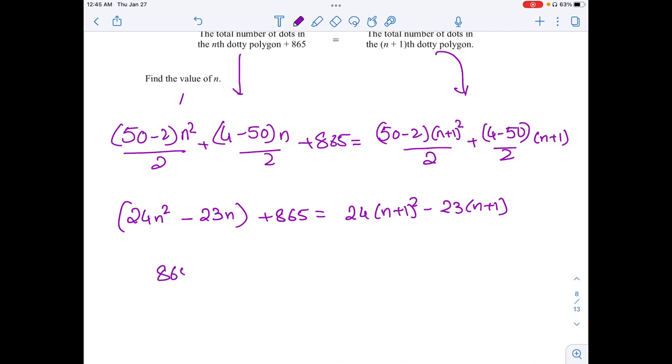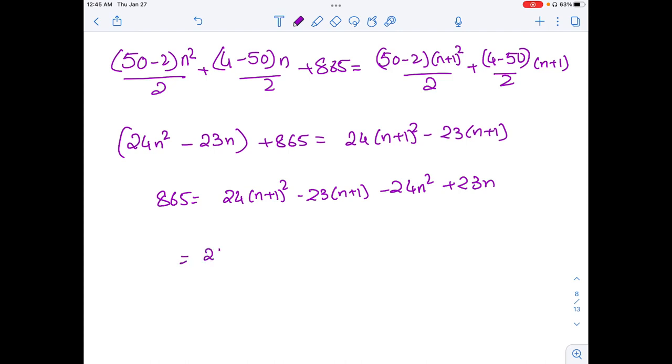So 865 is equal to 24 times (n+1) whole square minus 23 times (n+1) minus 24 n square plus 23 n. Then I take 24 common, (n+1) whole square minus n square, and minus 23 common, so it becomes (n+1) minus n.